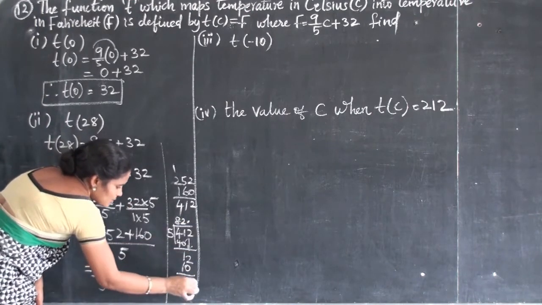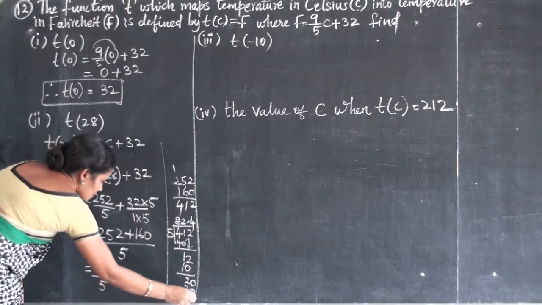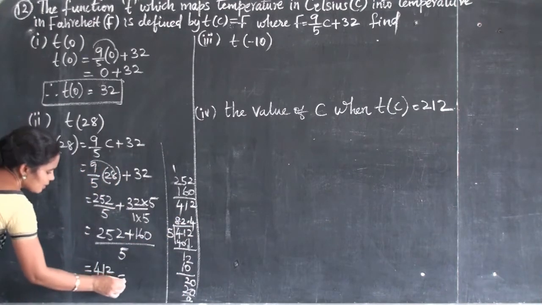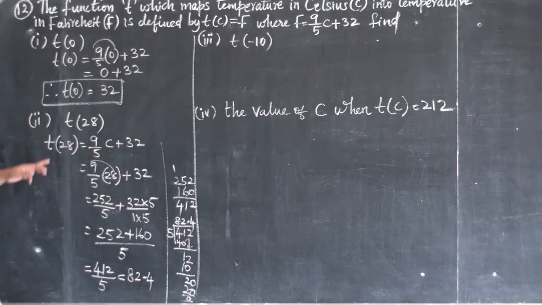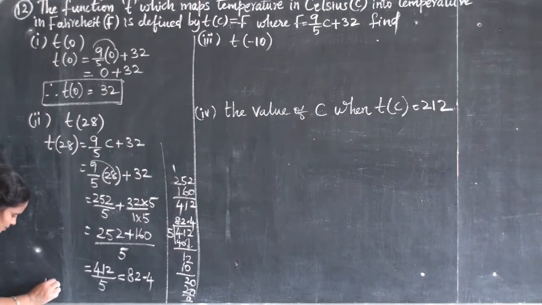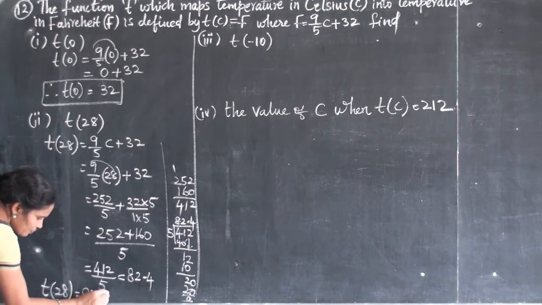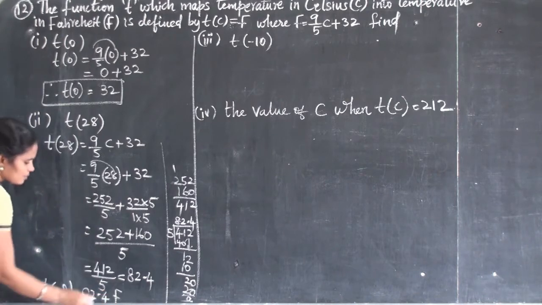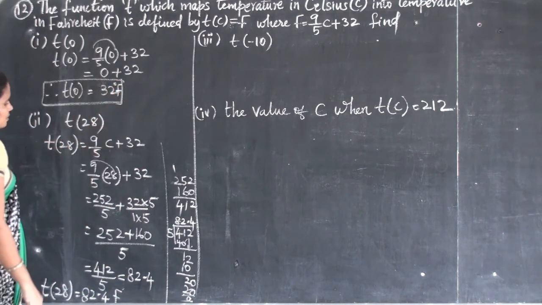Keep decimal, add 0. 5 4s are 20. So it is equal to 82.4. That is, T of 28 is equal to 82.4 Fahrenheit.